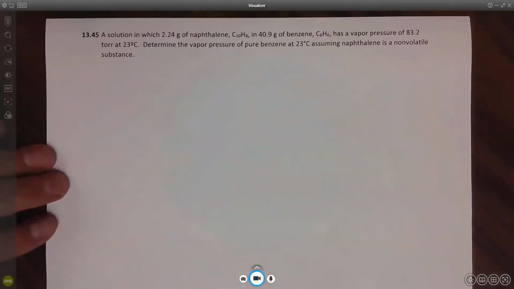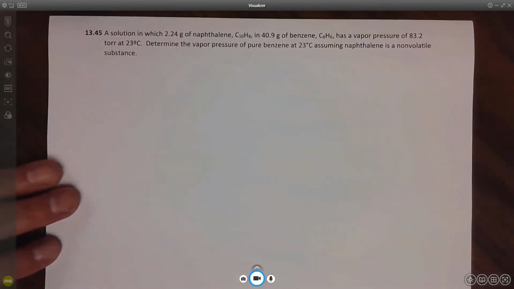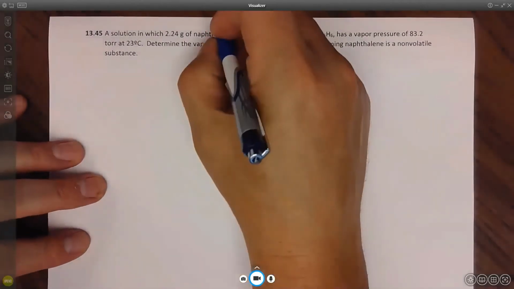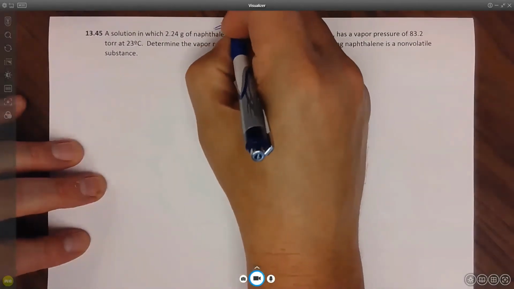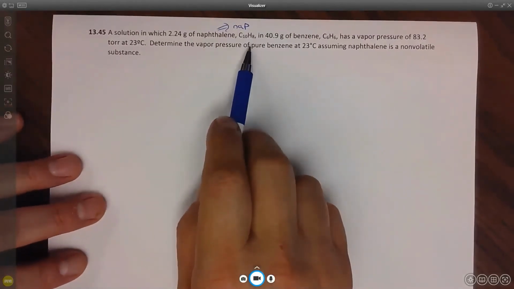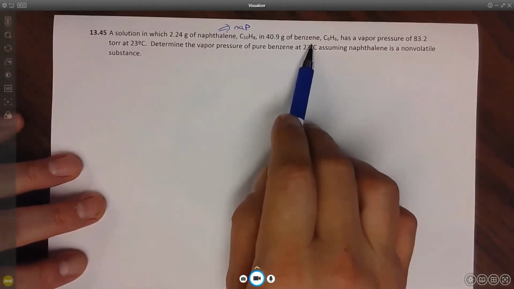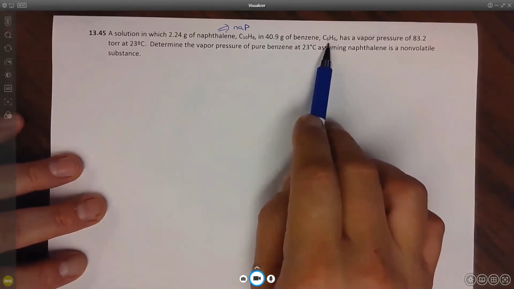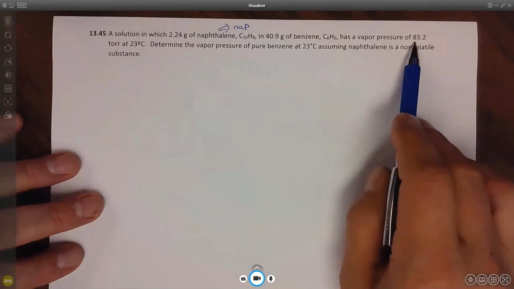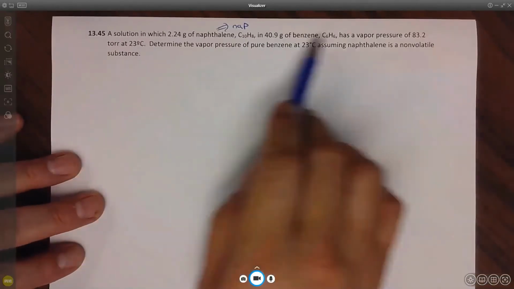It says a solution in which 2.24 grams of naphthalene, which is C10H8, and I'm going to call this NAP, okay, so naphthalene in 40.9 grams of benzene, which has the formula C6H6. I'll just write that out, it's short enough. Has a vapor pressure of 83.2 torr.